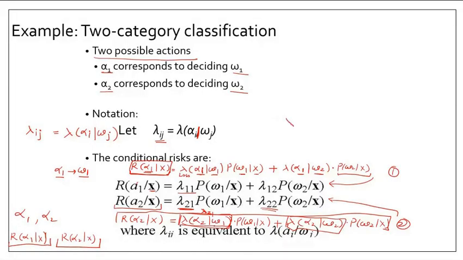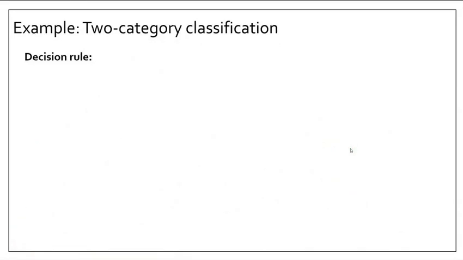So I just repeat: when I write lambda 1 2, that means I am talking about the loss when I take decision alpha 1 given the state is omega 2. So the first number here is the decision and the second number is the true state, the true class. I hope you have noted down these two equations.